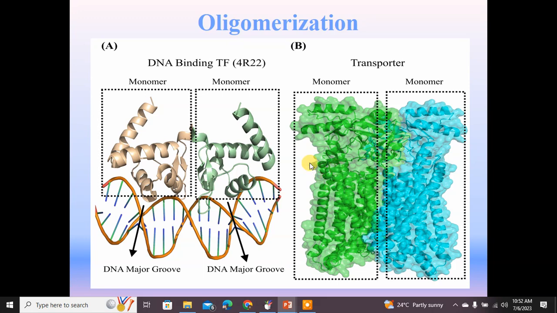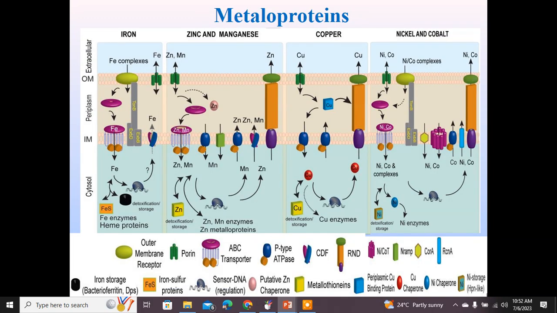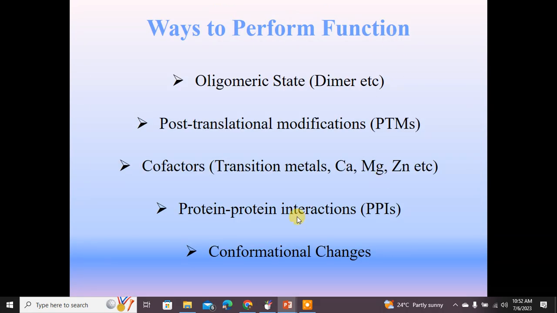Why do they need a dimer here? Because they import or export by conformational changes, but I will not go into so much detail for the transporter here.